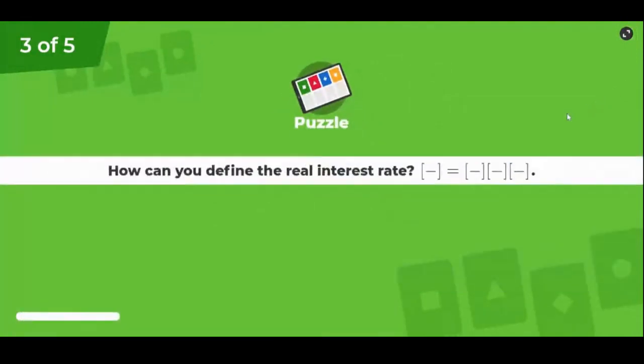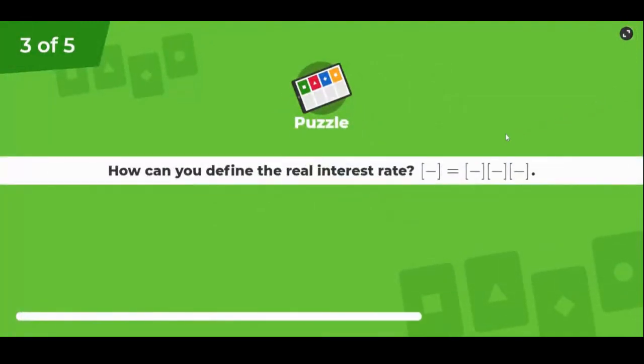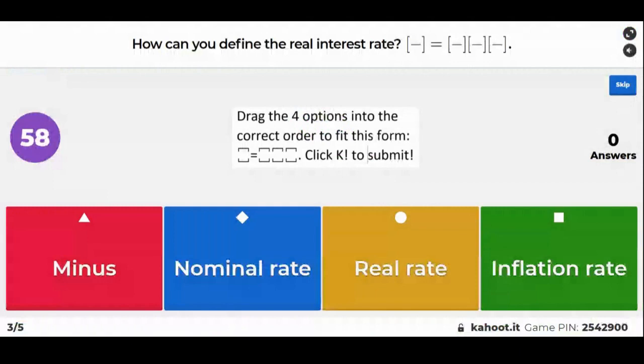Next, here's another puzzle. Just pull things into the correct order and press the OK button. Can you define the real interest rate? Blank equals blank, blank, blank.